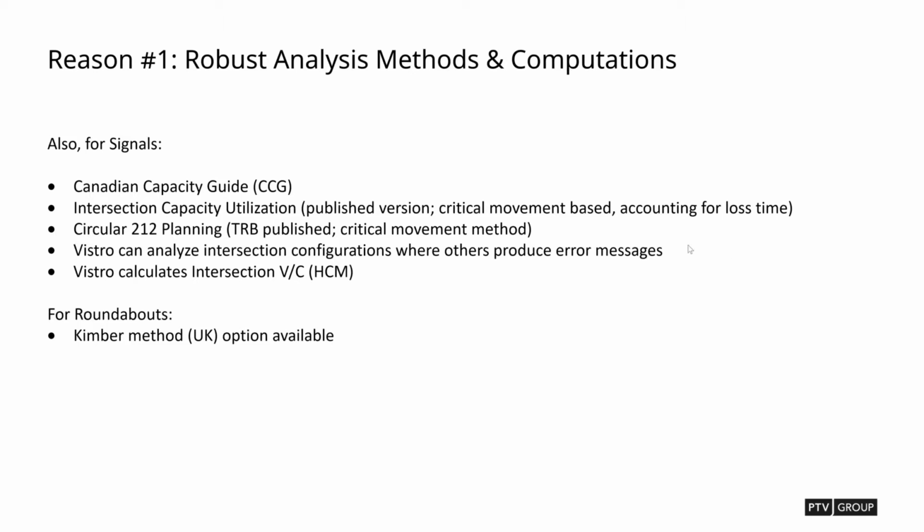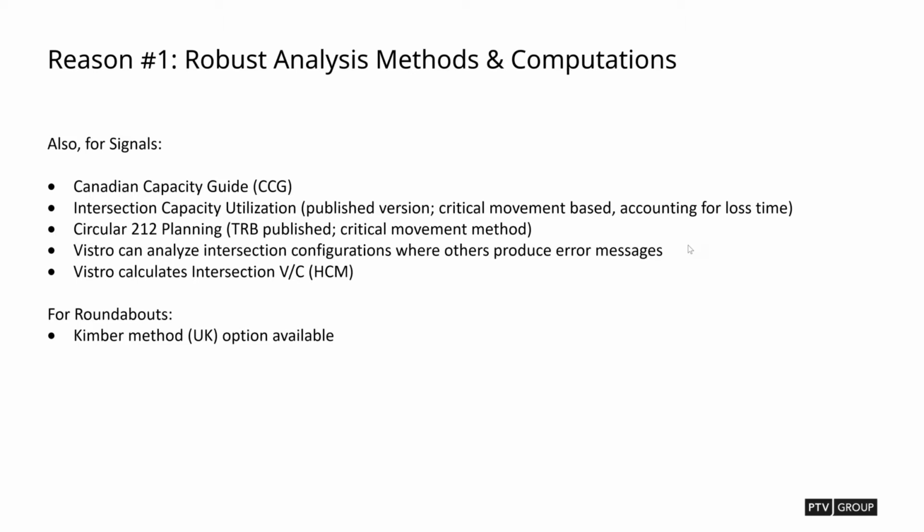Additionally, there's some methods that are still in practice that are based more on critical movements, and I'll call out the ICU, or intersection capacity utilization, because we've had some questions about that recently. Just to highlight that our implementation builds off of or implements the original ICU published methodologies, meaning that there was versions around prior to a competitor creating their own version of ICU years ago.